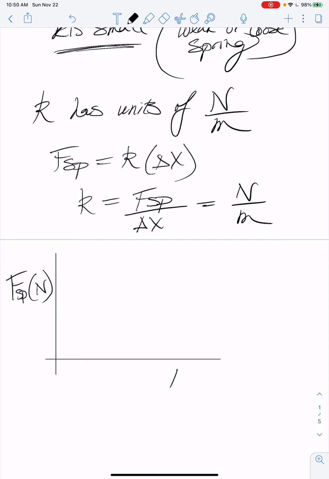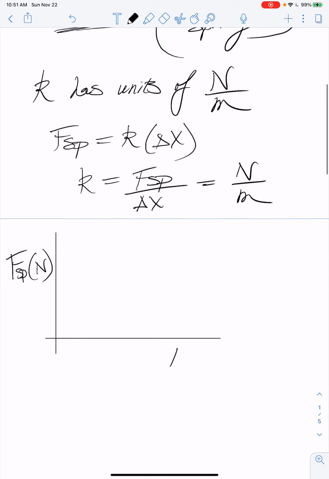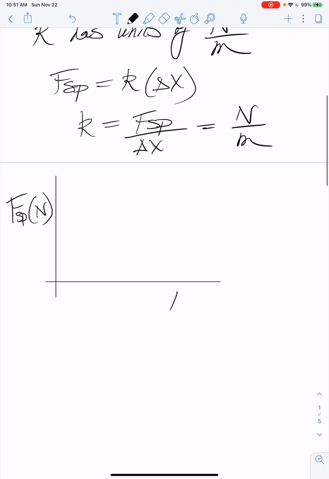Or I guess the displacement of the spring. Delta X is the displacement from equilibrium. And that's worth noting. But let's just go ahead and write this down right here.